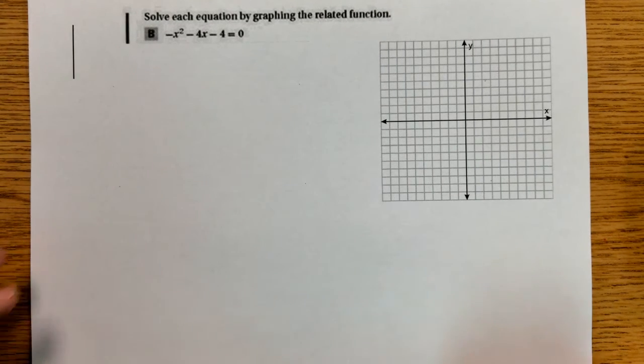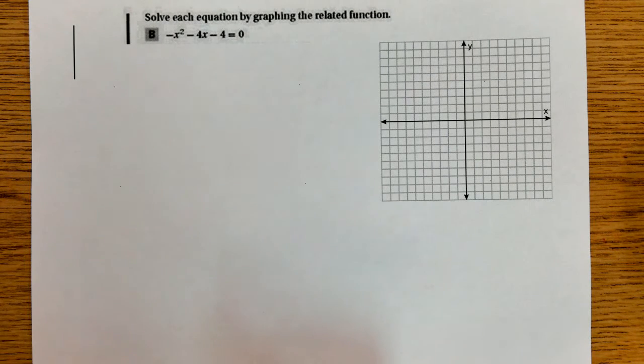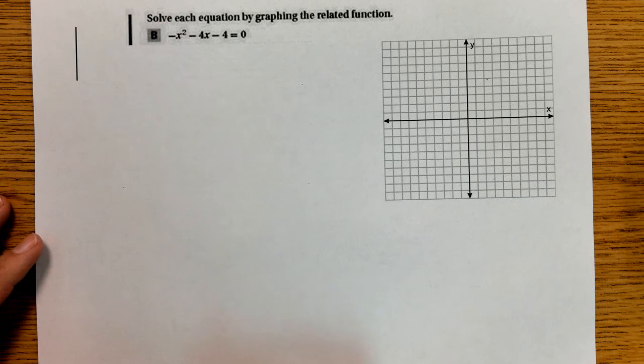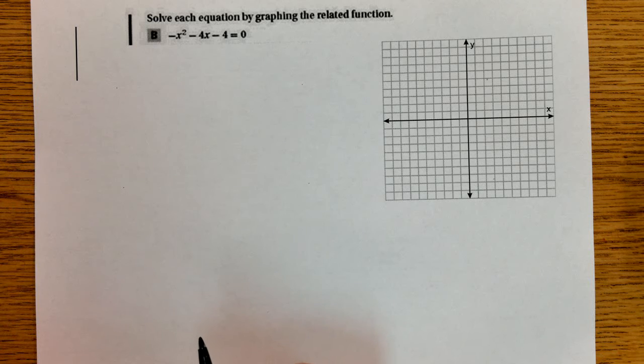So now we're going to go ahead and look at B. So we have negative x squared minus 4x minus 4 equals 0. So we're going to go through that same process. We're going to find the axis of symmetry, the vertex, y-intercept, and two other points, reflect them, and then look for our zeros.